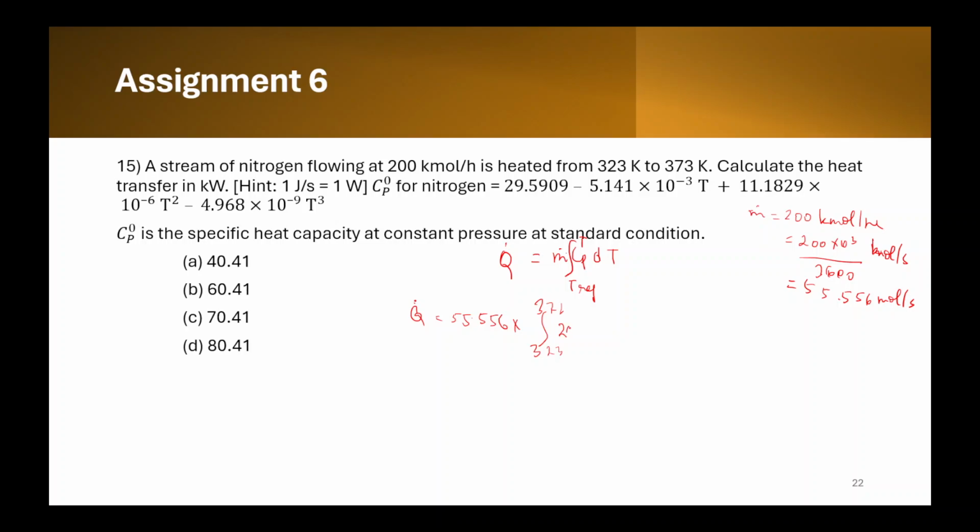So 29.5909 minus 5.141 into 10 to power minus 3 T plus 11.1829 into 10 to power minus 6 T square minus 4.968 into 10 to power minus 9 T cube into dT. So we need to integrate this and then apply this limit.